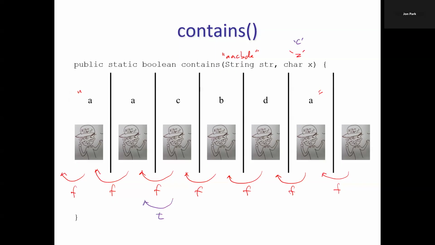From this guy's perspective, I don't see a C, but my clone says there's a C beyond this point, so it returns true. Then returns true. Do you see the difference?